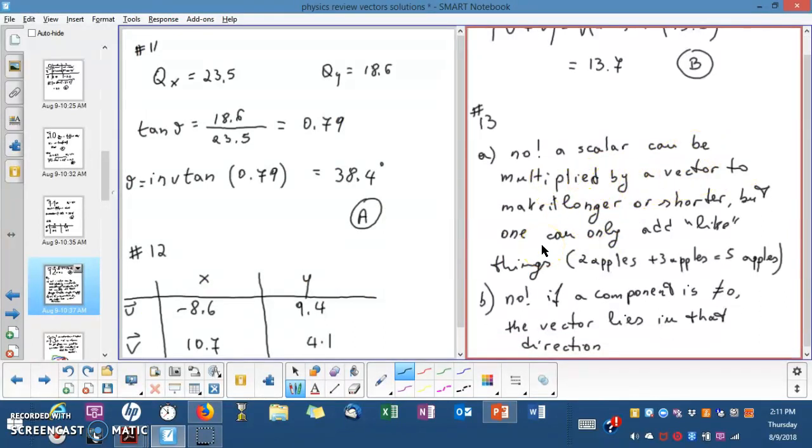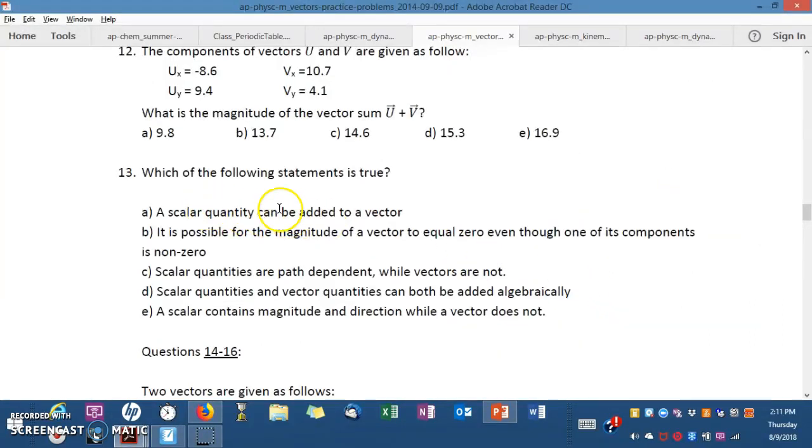So when you multiply 2 times, for example, a vector that has those two components, you make this vector twice longer. So you can multiply a scalar by a vector, because that way you make it shorter or longer. But you cannot add them up.